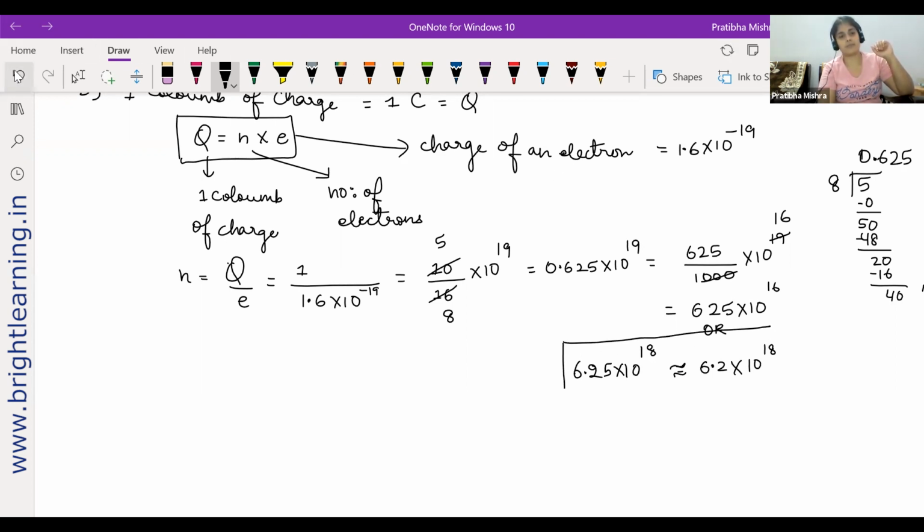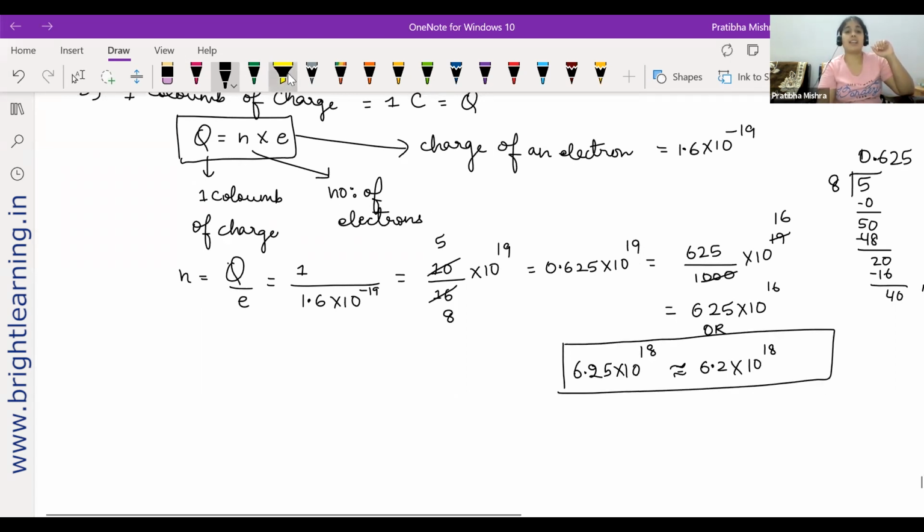So hence it is 6.2 into 10 to the power 18. Sorry, 1 second. Yeah, this is how you get it. This is the derivation part of it. 6.25 could have been taken as 6.3 also, but it's a bit huge number, so it's just 6.2.